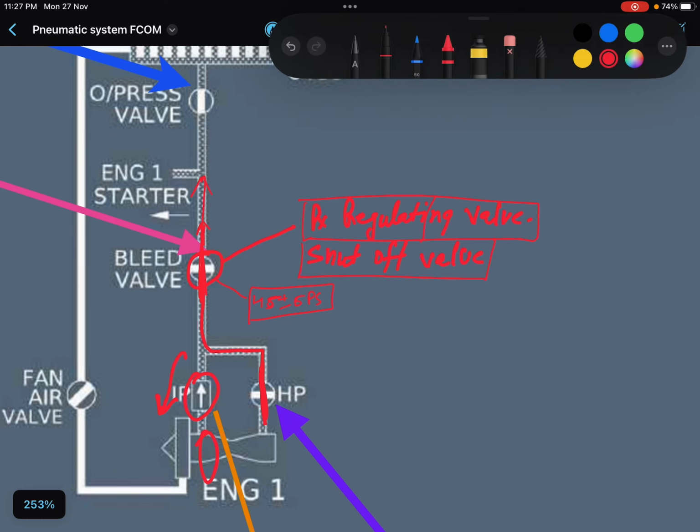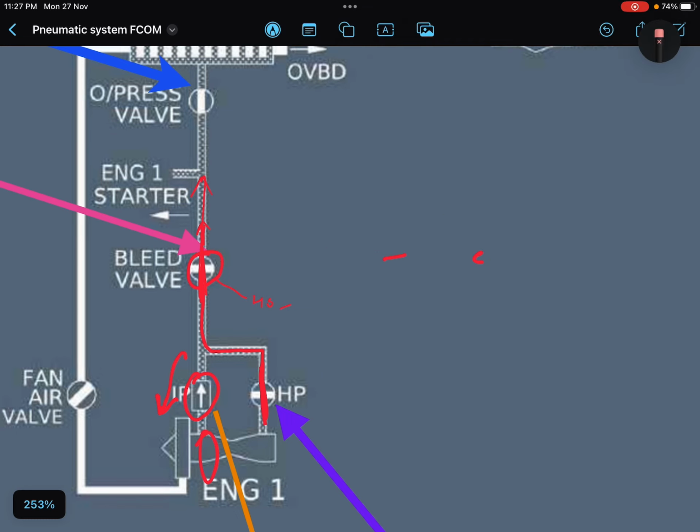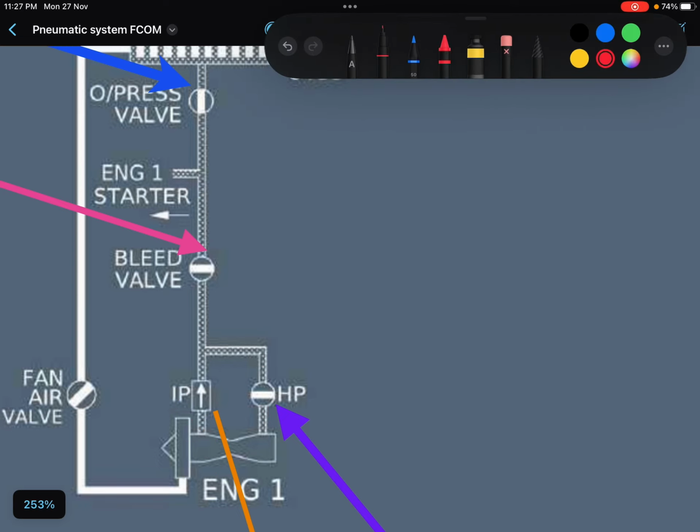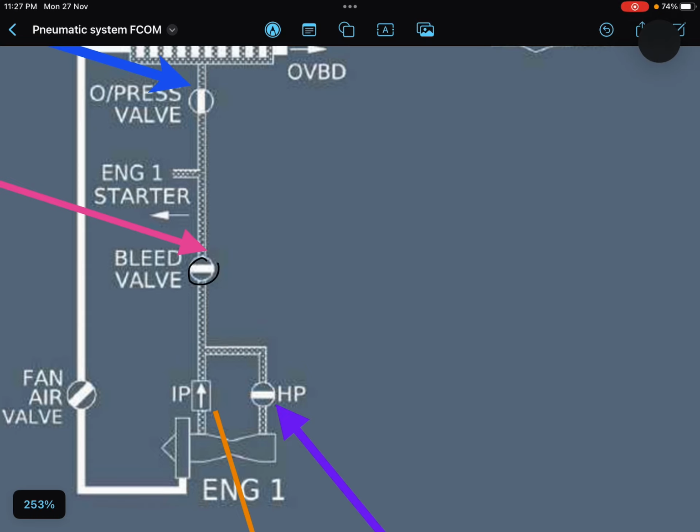So guys, please don't be confused about the downstream and upstream concept of this whole pneumatic system. Even I used to get confused when I was preparing. So let me make it clear for you. Assume yourself at the bleed valve. Assume yourself over here, right? Now bleed is moving like this, so this is downstream and this is upstream with respect to the bleed valve.